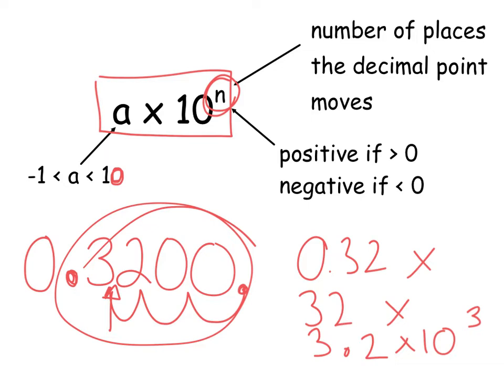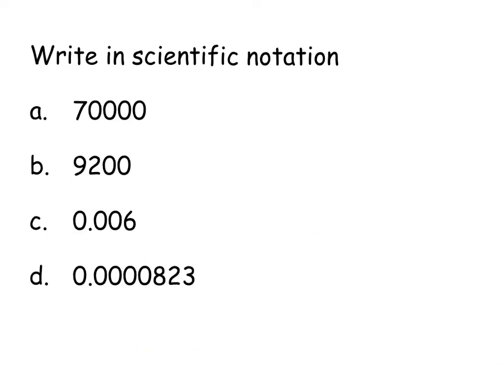So let's have a look at some of these. So first couple of examples, writing these in scientific notation. So the decimal point goes after your first digit, so it goes there. So this gives us 7 times 10, and then the power is how far it's moving from its place where it's hidden from there to there, and you can see that's moved 4 digits, so it's a power 4.